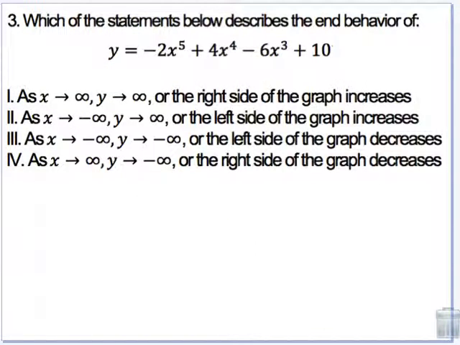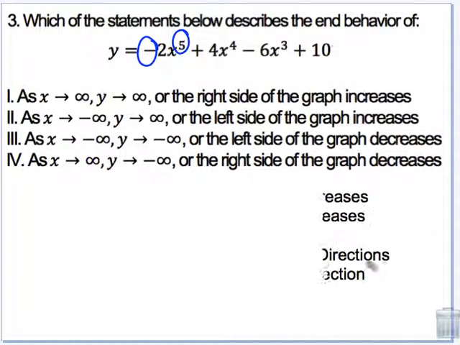Let's look at another one. Which of the statements below describes the end behavior? Remember, this is from 7-1. Your leading coefficient tells you what the right side of the graph does. And then your exponent, your highest degree, tells you whether the left side is going to match the right side or if it's going in opposite directions.